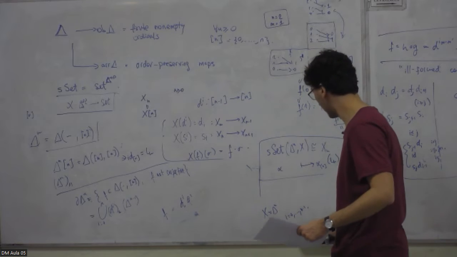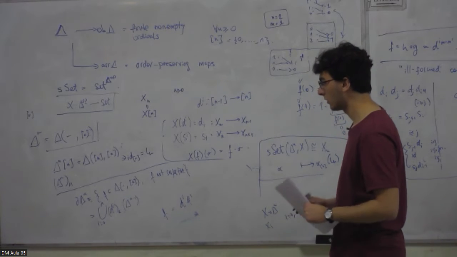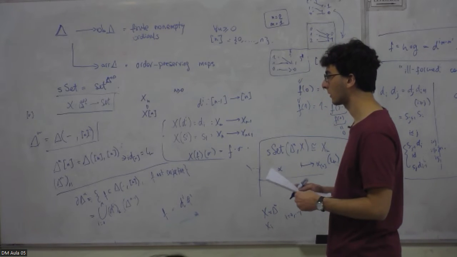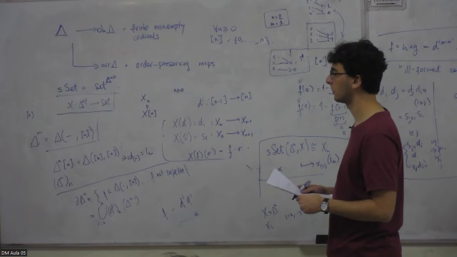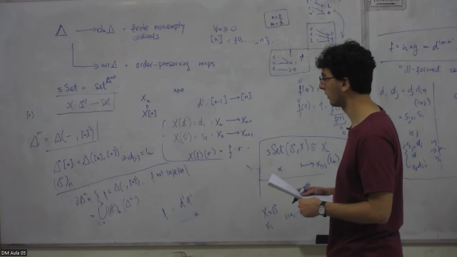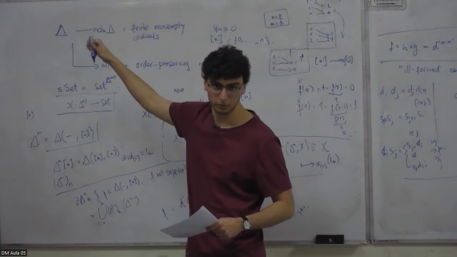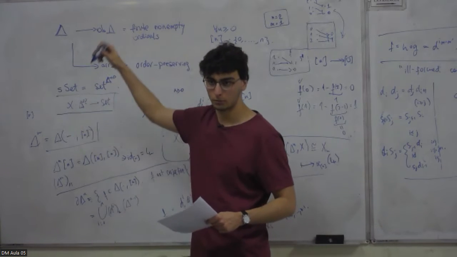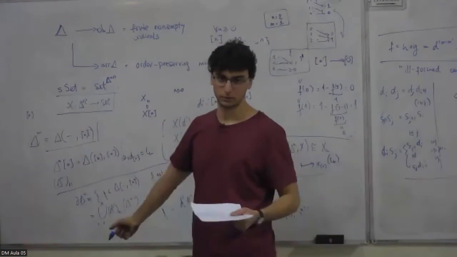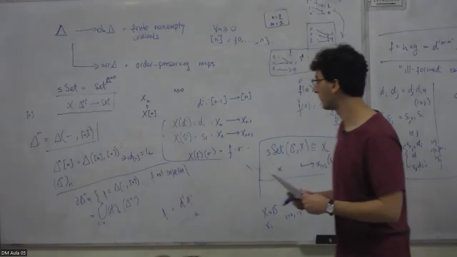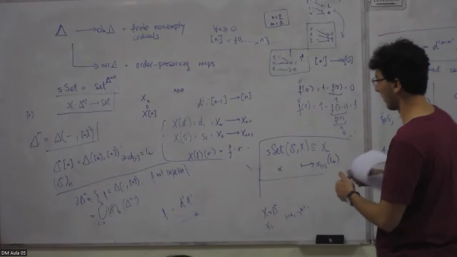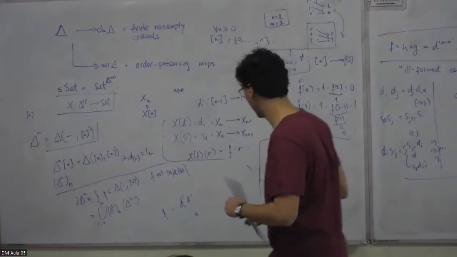But you can also define it as some other functor which admits a natural transformation, all whose components are inclusions, right? I mean a natural transformation to this one.